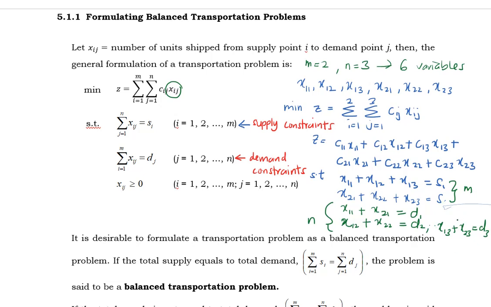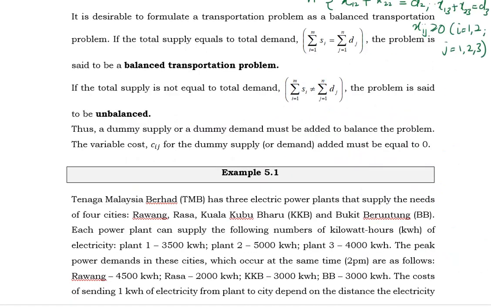And lastly, write the sign restriction: xij greater than or equal to 0, where i equals 1, 2, and j equals 1, 2, and 3.